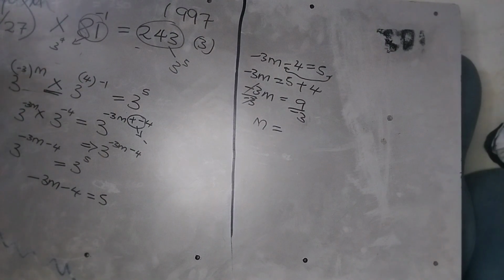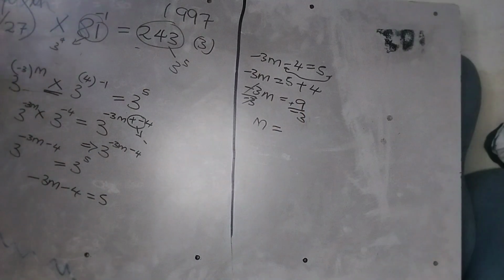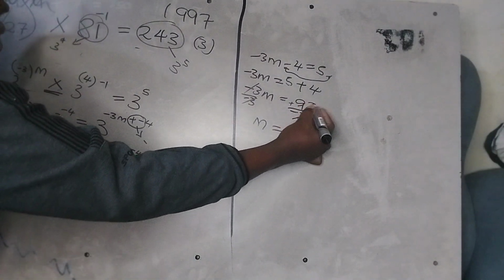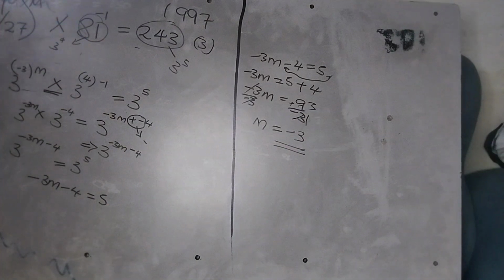A number without a sign is a positive number. So 9 is positive. What is positive divided by negative? It becomes negative. Then 9 divided by 3 is 3. The answer becomes negative 3. Those are our 3 marks from a very simple calculation. Our m becomes negative 3.